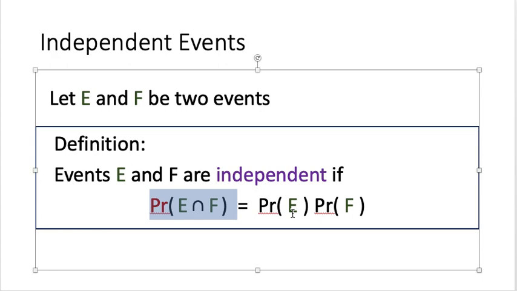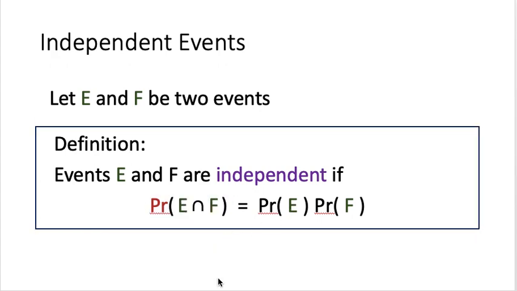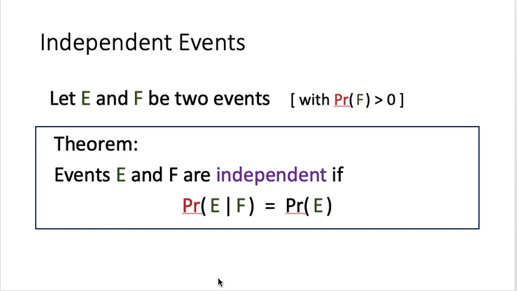The reason is, if you now know what is meant by conditional probability, then we can have a theorem. Events E and F are independent if the probability of E given F is equal to the probability of E. So we can easily prove it.